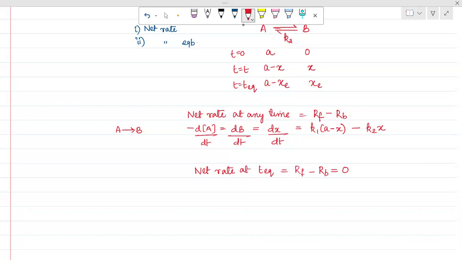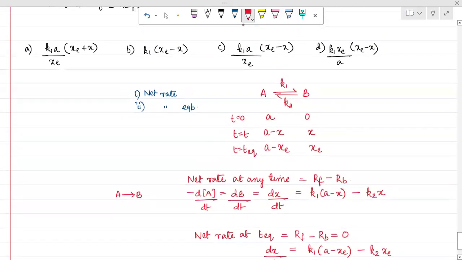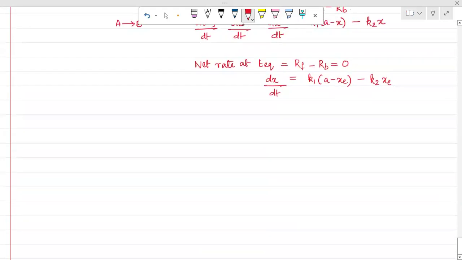So at equilibrium, dx by dt will become equal to K1 into A minus Xe, which is the concentration of A at equilibrium, minus K2 into Xe, which is the concentration of the product at equilibrium. Now we can see from the options that there is no K2. In none of the options there is K2. So we need to eliminate K2. And at equilibrium, this is equal to 0.